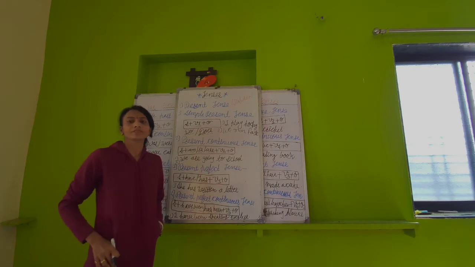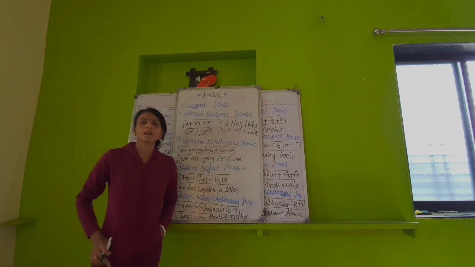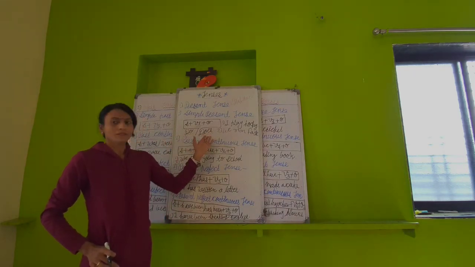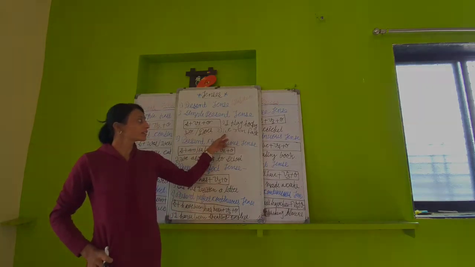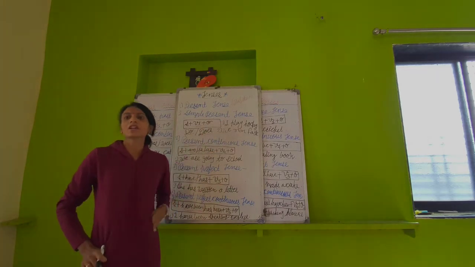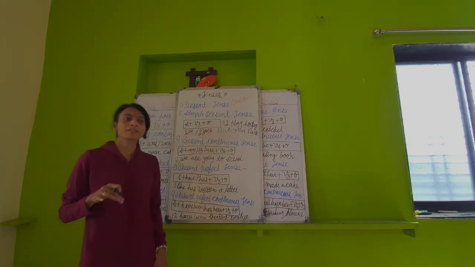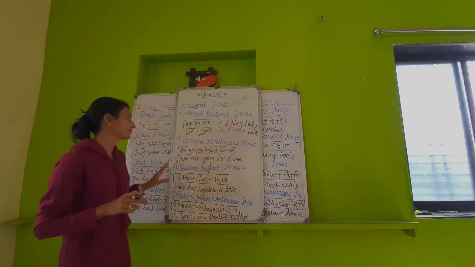For he, she, it, singular form, we use does, and for the plural we have to use do. Then third example of simple present tense: she goes to school, we eat a mango, we make a cake, we run fast, we study hard.